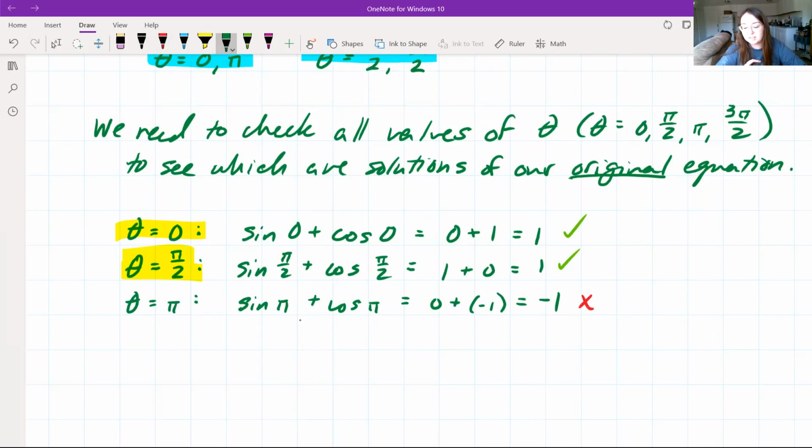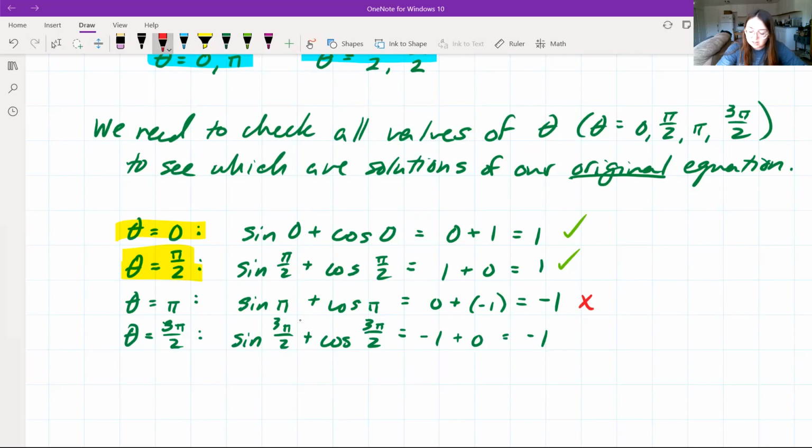Theta equals pi is not a solution of our original equation. Then lastly, we want to try out 3 pi over 2. Sine of 3 pi over 2 plus cosine of 3 pi over 2 is going to end up giving us a value of -1 plus 0. So we also get a value of -1, which is again not a solution.